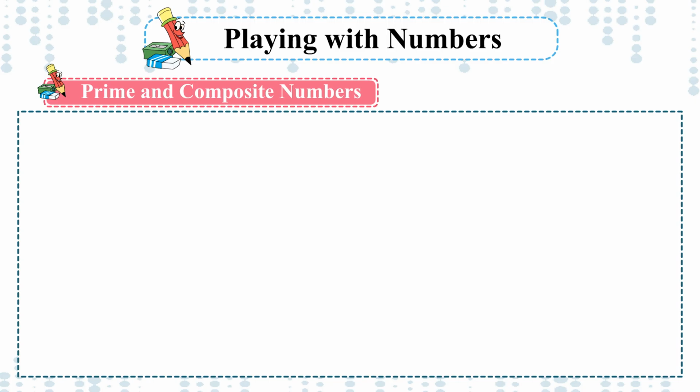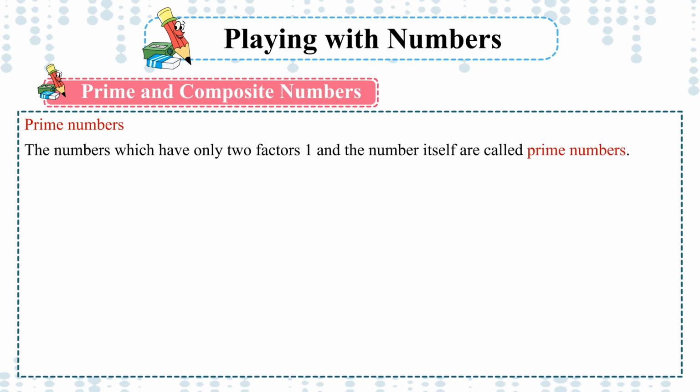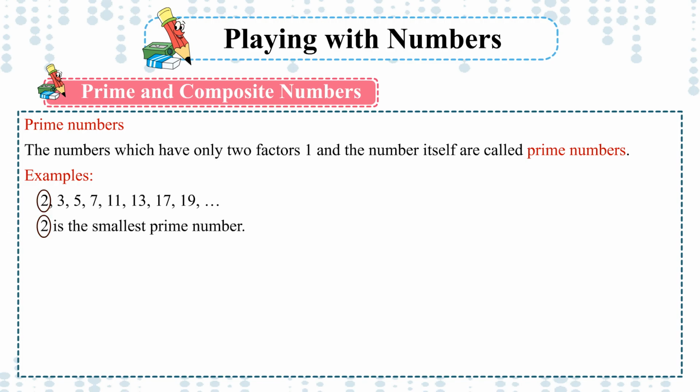Prime and composite numbers. Prime numbers. The numbers which have only two factors, 1 and the number itself, are called prime numbers. Examples: 2, 3, 5, 7, 11, 13, 17, 19. 2 is the smallest prime number.